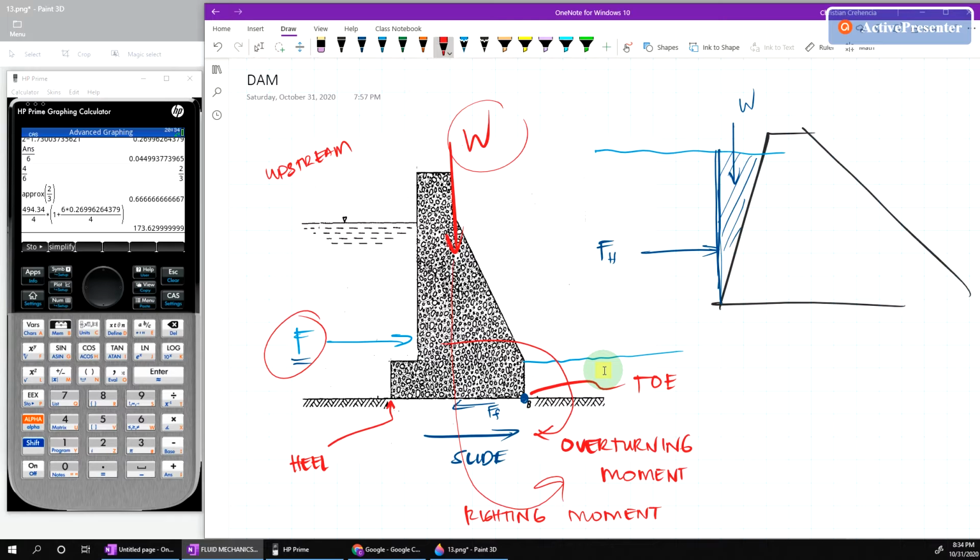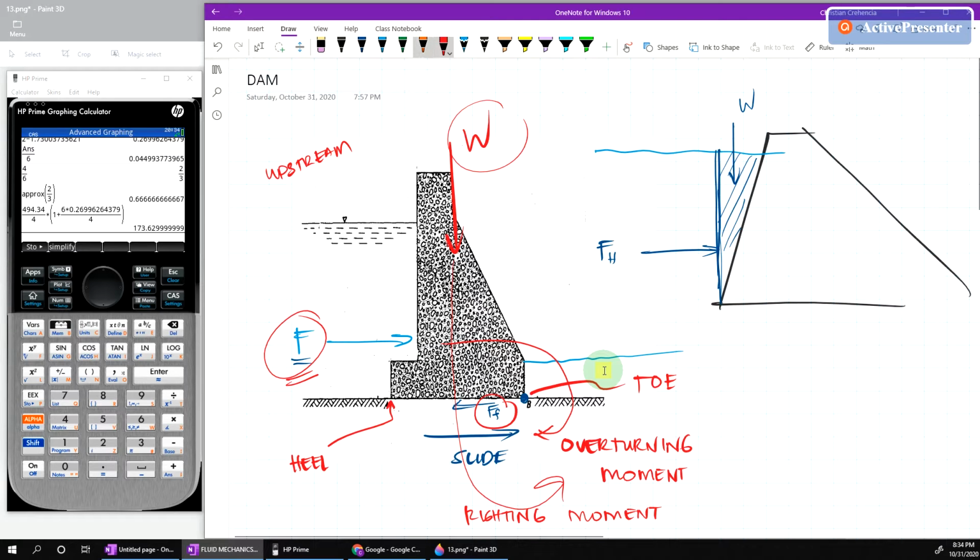And with regards naman sa friction, so, mas malaki dapat yung ating friction force as compared doon sa horizontal forces natin. Okay. So, ano pang force yung maaaring dalhin, okay, ng ating dam?